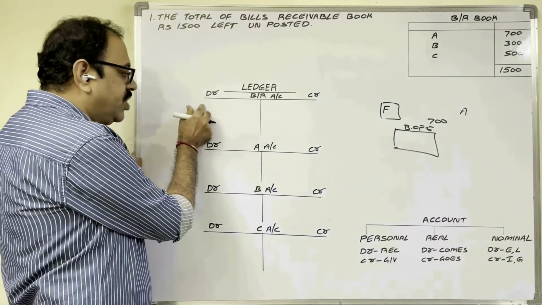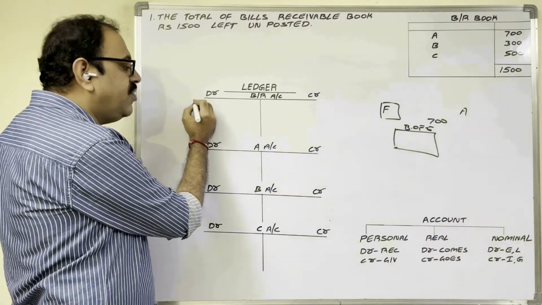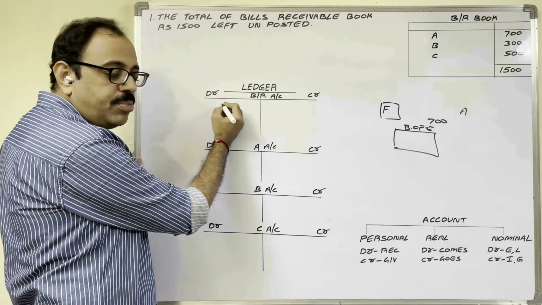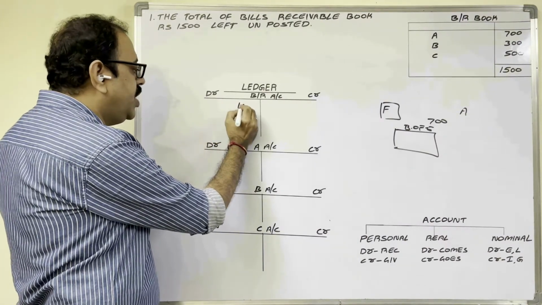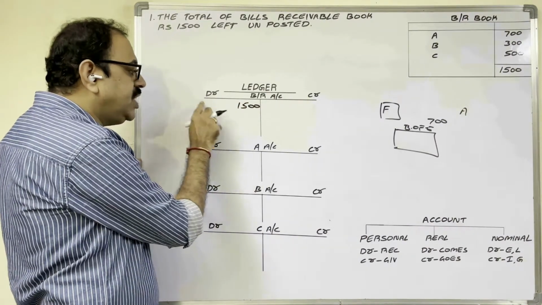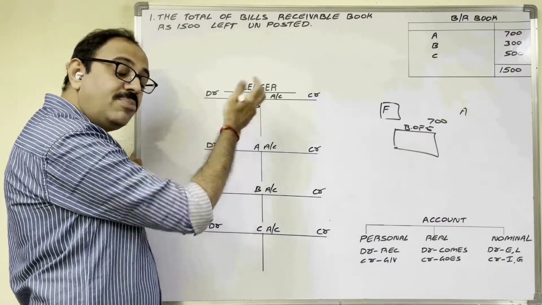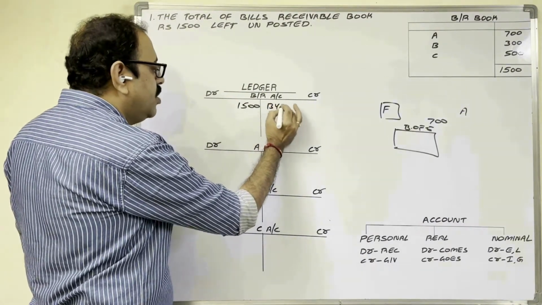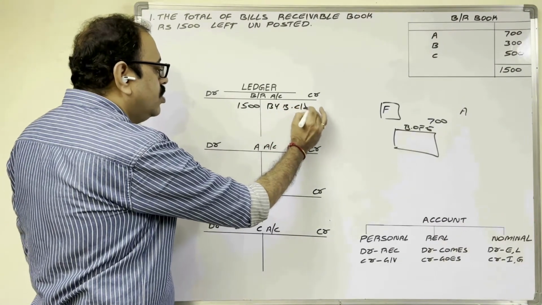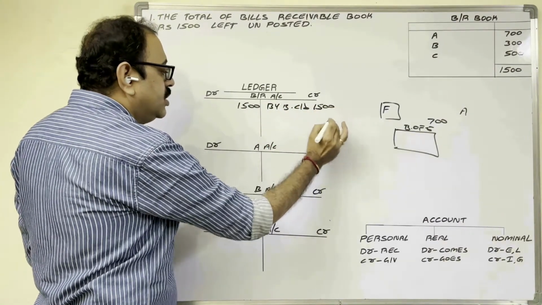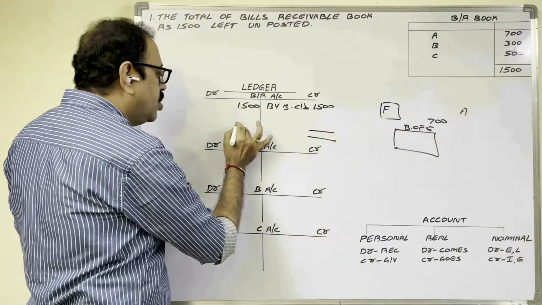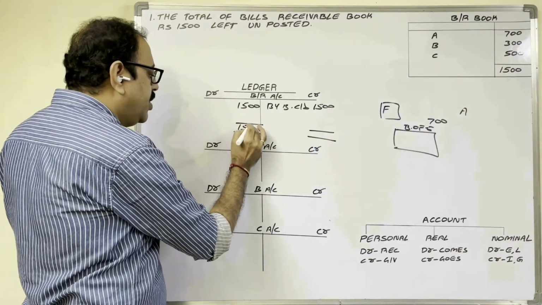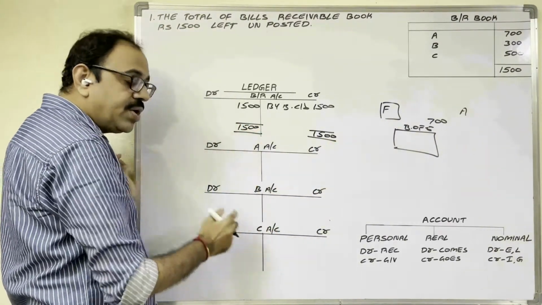On the last date of the month, To Sundries as per bills receivable book, 1500 rupees. On the debit side, we wrote this amount. Then balance carried down appears on the credit side: By balance carried down 1500 rupees. Then the two sides total 1500 rupees. Come to the individual accounts.